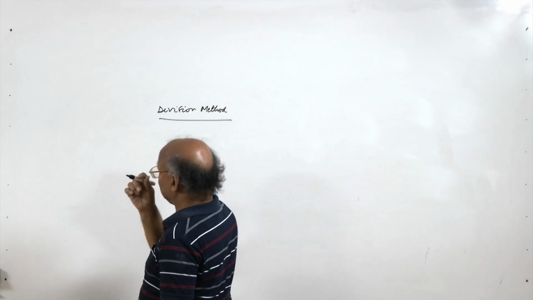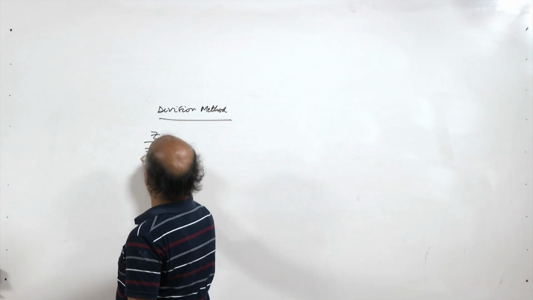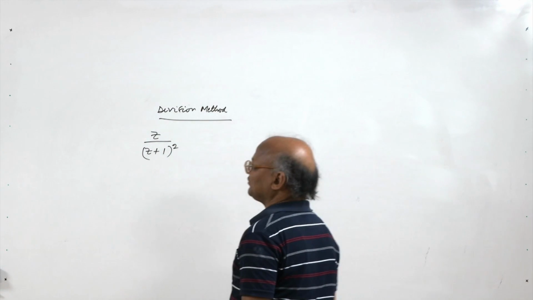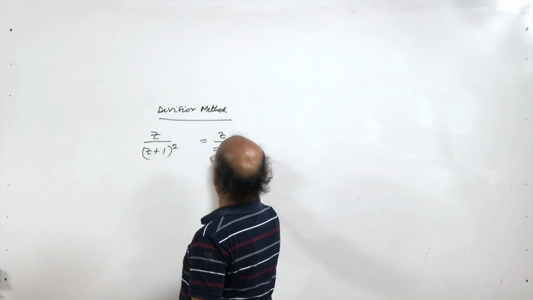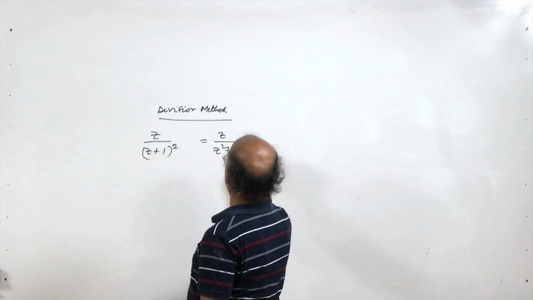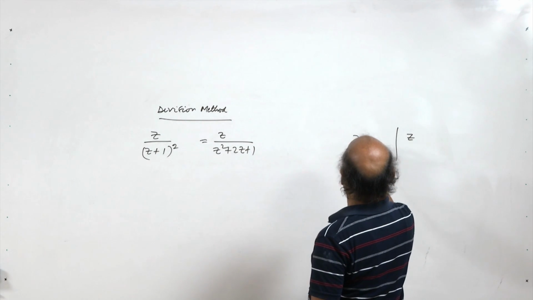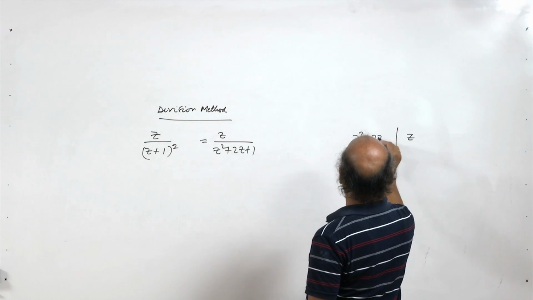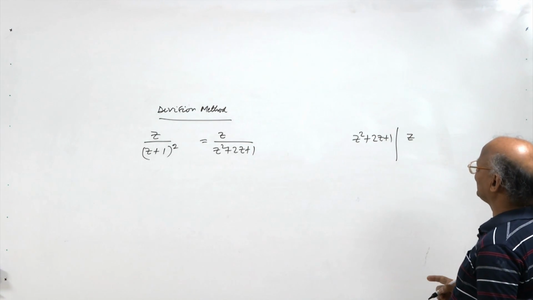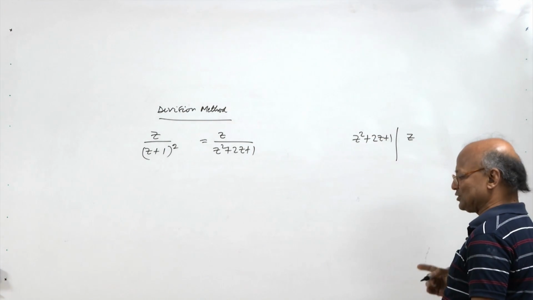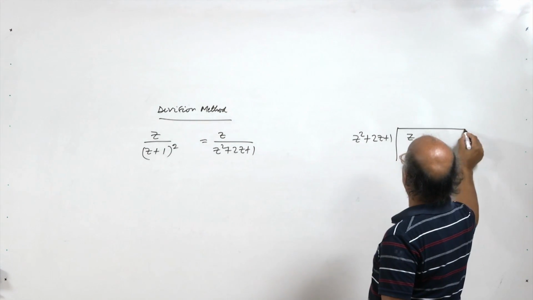What we will do here is that we have z over (z plus 1) whole square. Z over (z plus 1) whole square is z over z square plus 2z plus 1. So, let us divide z by z square plus 2z plus 1 in such a way that it will lead us to an infinite series in powers of 1 over z.